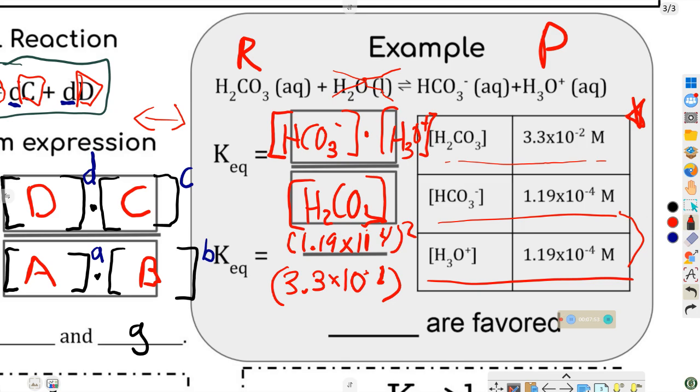Now we can just type it into our calculator to get the actual value of our equilibrium constant. I'm going to type in 1.19, and then I'm going to use my engineering exponent, the second 10 to the negative 1 button on your calculator, so I get a capital E. Then I'm going to square that, and then divide it by 3.3, once again with the engineering exponent, negative 2.